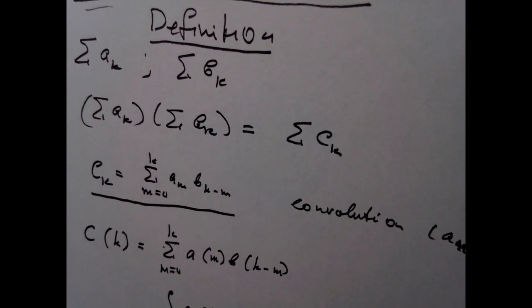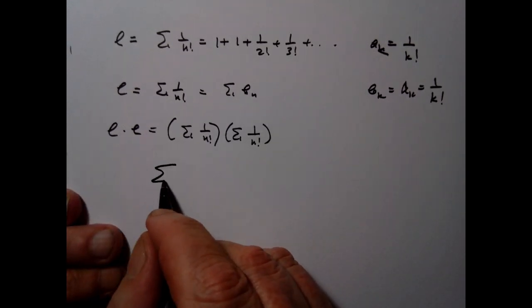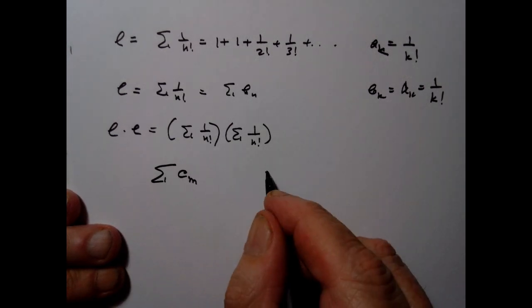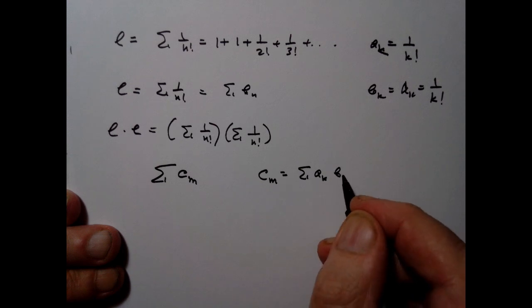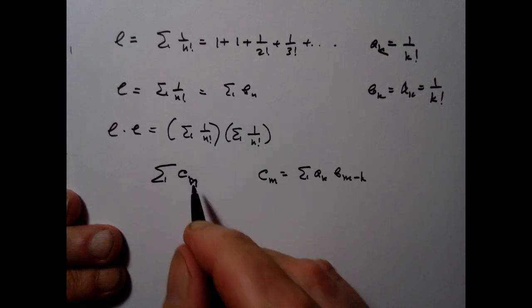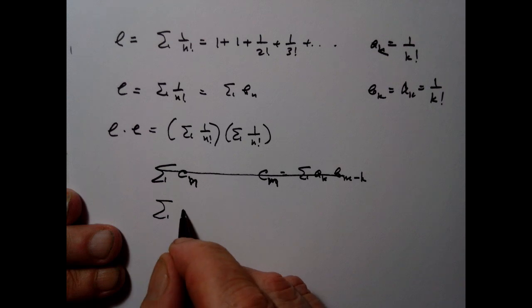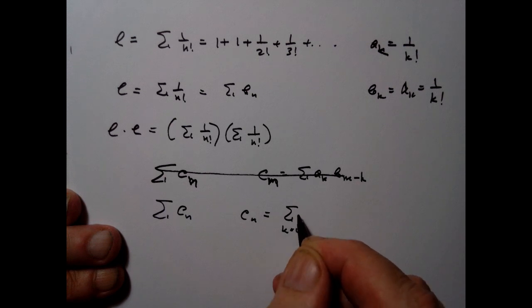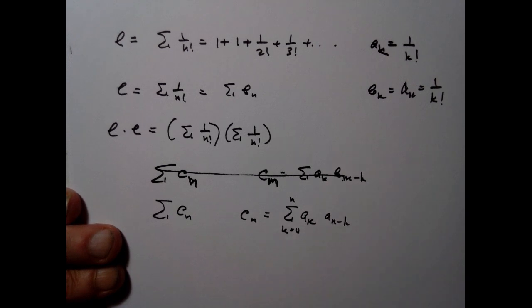And I want to see what is going to happen. Ready? Okay. So the series will be the series of the form Cn, where Cn is equal to the sum k from 0 to n of ak times an minus k, because remember, my second terms, my b's here, are exactly the same as a's.